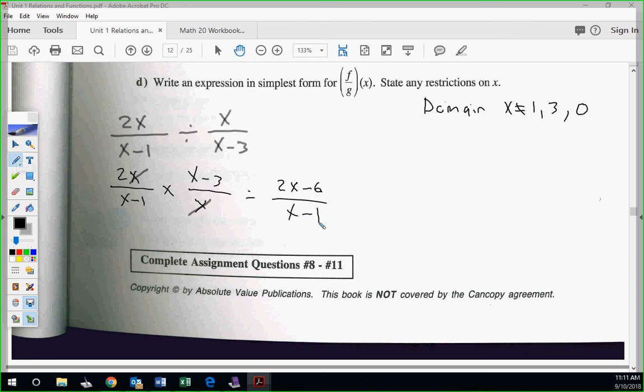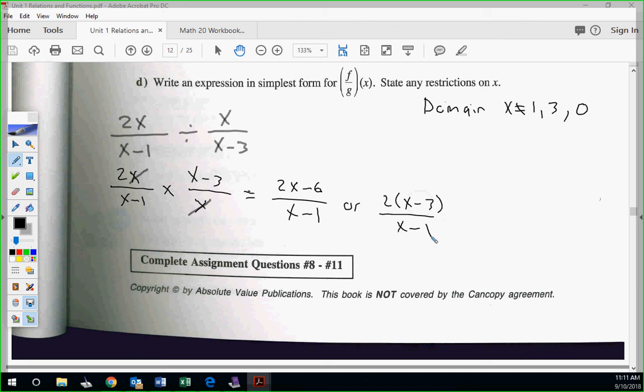You can keep the 2 separate. It's up to you. I don't mind either. So all we did is these x's canceled, one on top, one on bottom with multiplication. 2x, negative 6 stayed there. You can keep it like this as well.